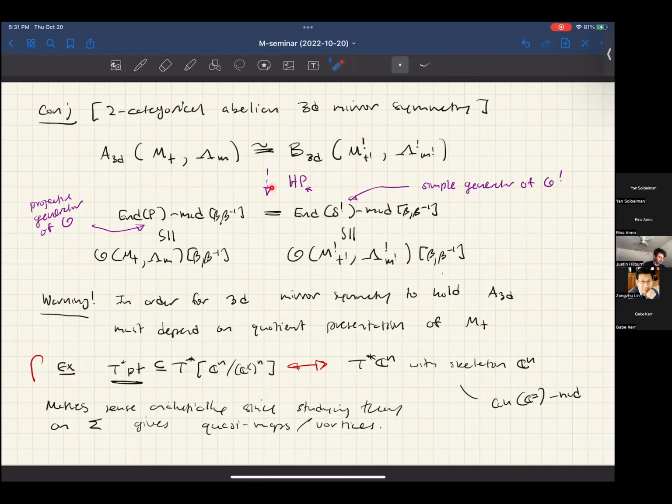And the interesting thing about this, I said that this should be related to category O in some way. And the specific way in which it's going to be related to category O is that if you take periodic cyclic homology of the Hom spaces, the Hom categories, then now you'll just have Hom vector spaces, and they'll be modules over the S1 equivariant cohomology of a point.